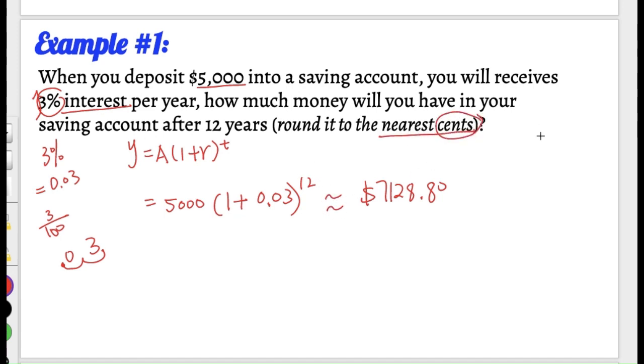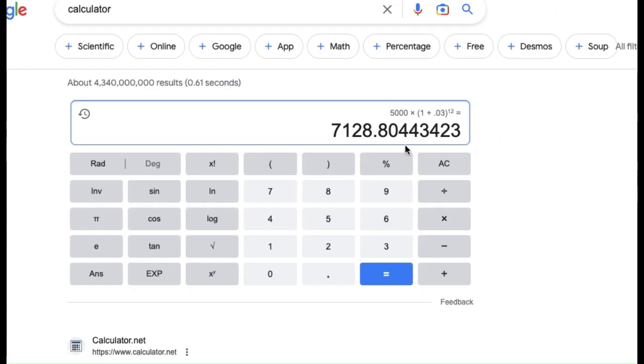First of all, cents: for example, a quarter is 0.25. So cents means 2 decimals. And another thing I want to remind you about is each digit. The first digit after the decimal point is tenths, then hundredths, then thousandths.